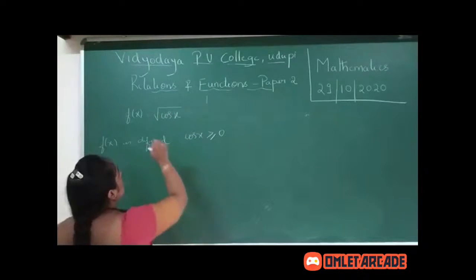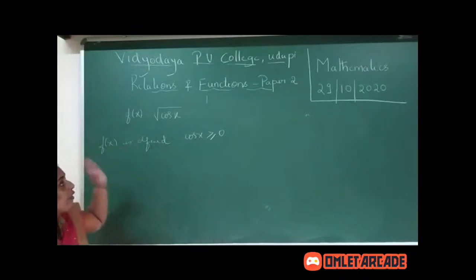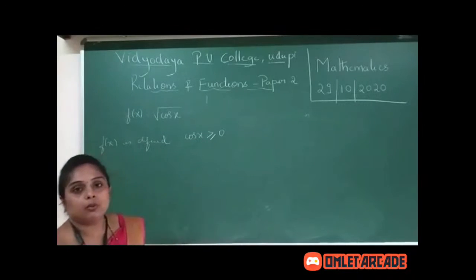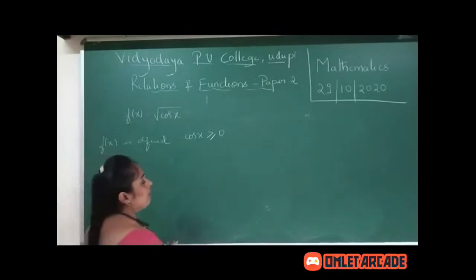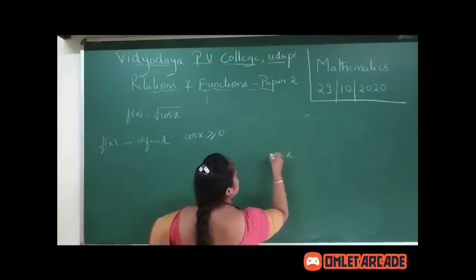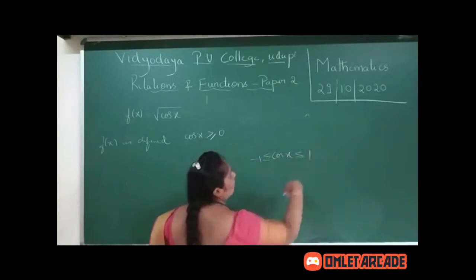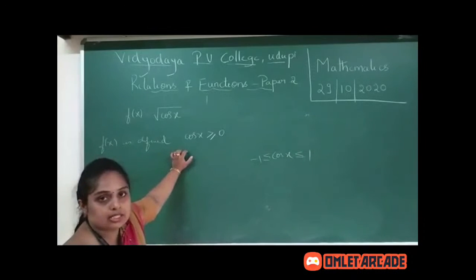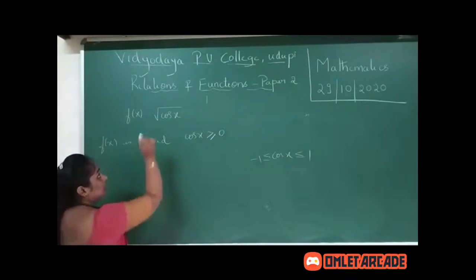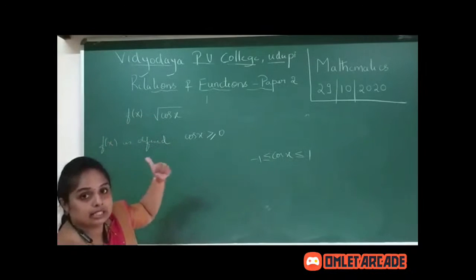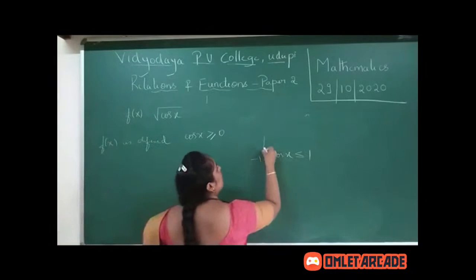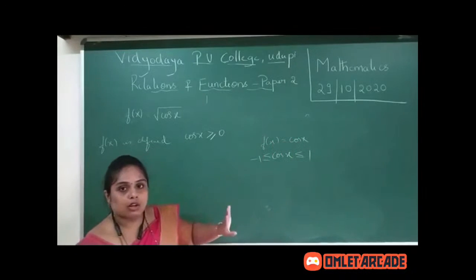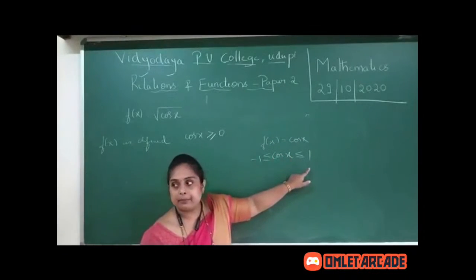The reason is root of a negative value is not defined. So the condition to define the domain here is f of x is defined only if cos x is greater than or equal to 0. Now you already know cos x value lies between minus 1 and 1. For f of x equal to cos x, domain is all real numbers, range is minus 1 to 1.